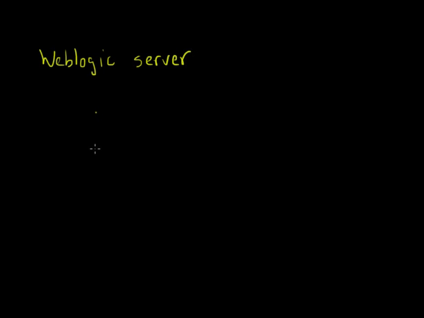When you download and install that, one of the first things it's going to ask you to do, after successful installation, is to create a domain. What's a domain? Well, a domain is just a cluster of WebLogic software pieces that are grouped together to make it logically easy for you to administer. So when you install the WebLogic server, one of the first things it'll ask you is, do you want to create a base domain?